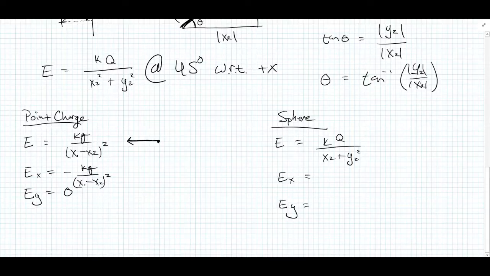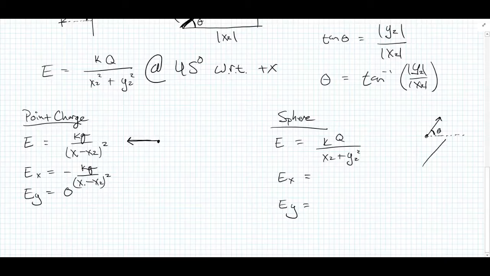For the sphere, remember that the field is going to point up and to the right towards the sphere. The magnitude of that field is given here. And then it makes some angle with the x-axis, which we have calculated. And so the way that I go about finding the x and the y components for some vector that points in an arbitrary direction is I use trigonometry.